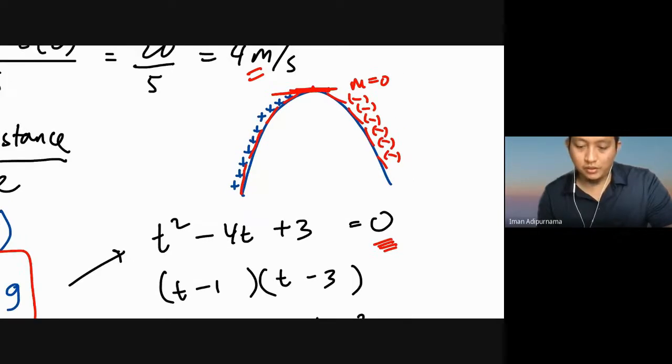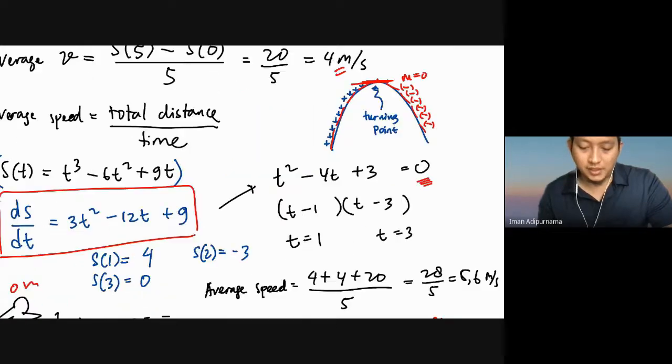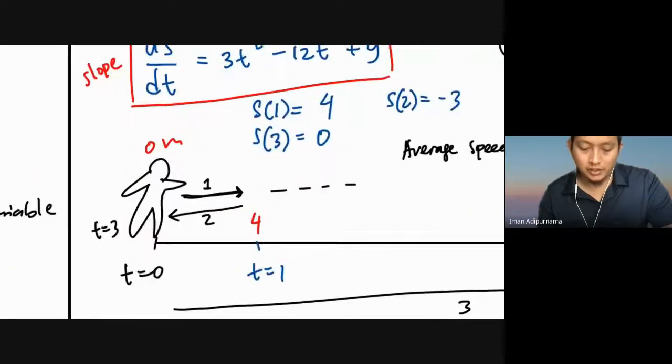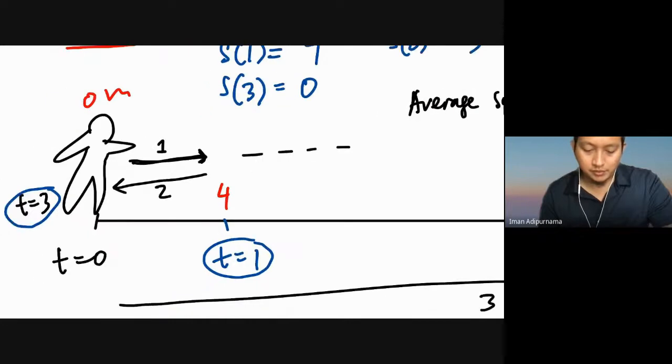This point we also call our turning point, which is precisely what we are looking at here: t equal 1 and t equal 3. What happened on t equal 1 and 3? So you are moving forward here, and when you reach this 4 meter, you decide to go back.